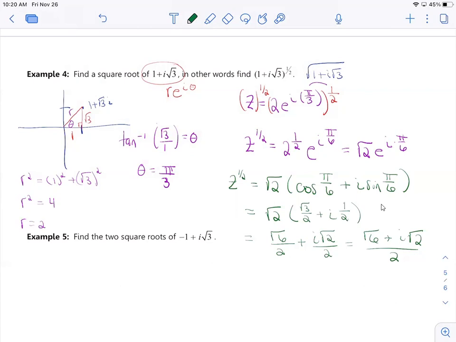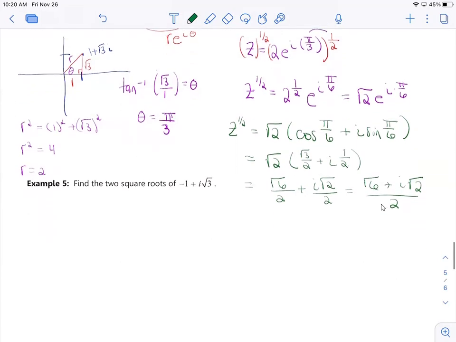So now, example 4 said find a square root. So we found 1, right? Where example 5 says find 2 square roots. Well, remember that back in the day when we started learning math, if you saw the square root of 16 and it just said find this, you would just say 4. But when you personally write that square root symbol, we were taught, no, it's plus or minus 4.